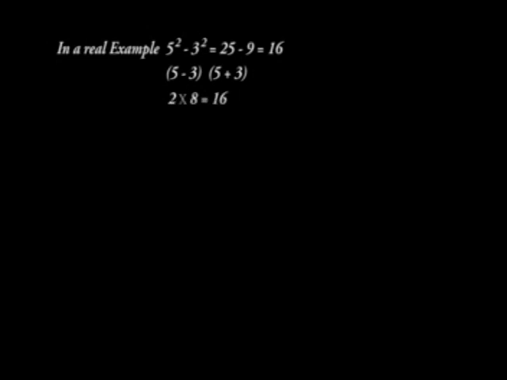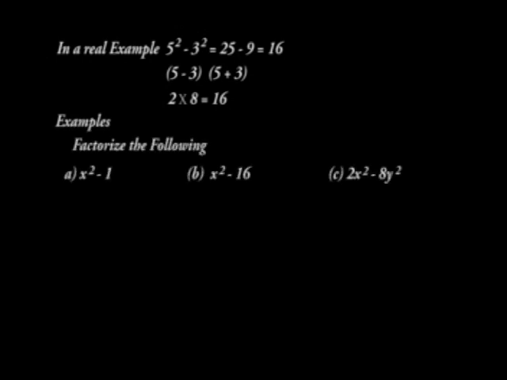An example, factorize the following: a, x squared minus 1; b, x squared minus 16; and c, 2x squared minus 8y squared.